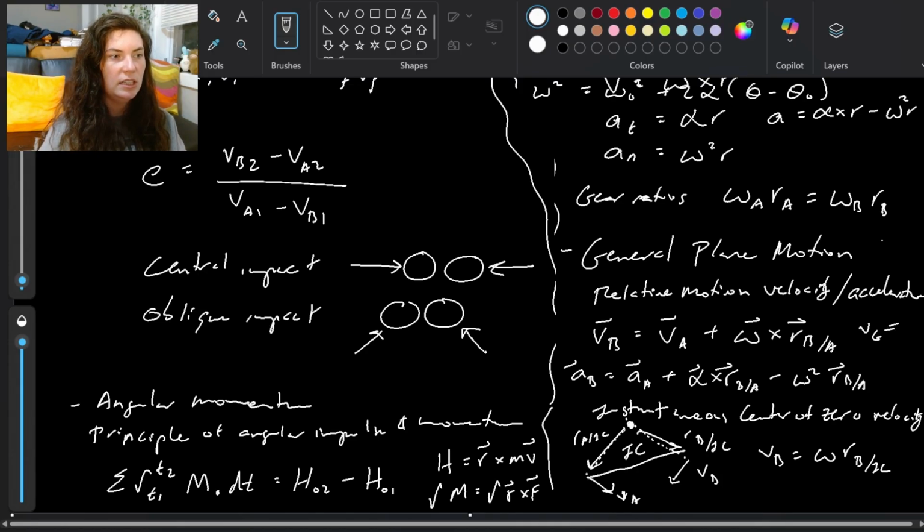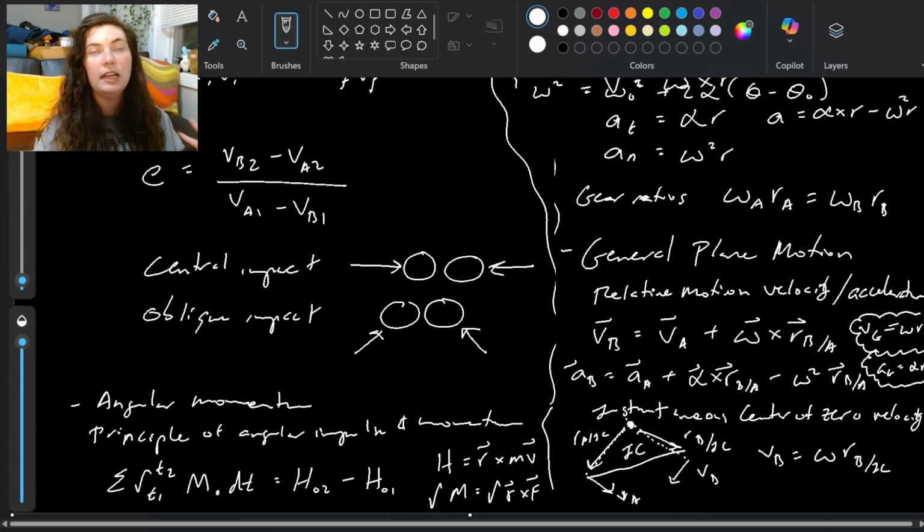VG is omega R. So that's for rolling without slipping problems. And AG is alpha R for those rolling without slipping problems. So you could see any combination of those for this exam.